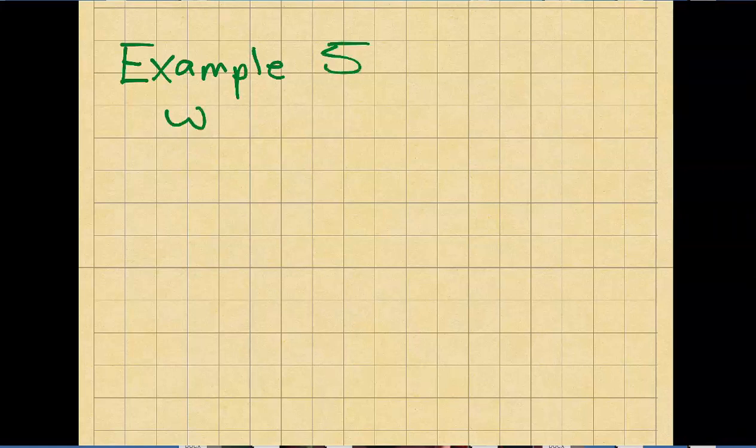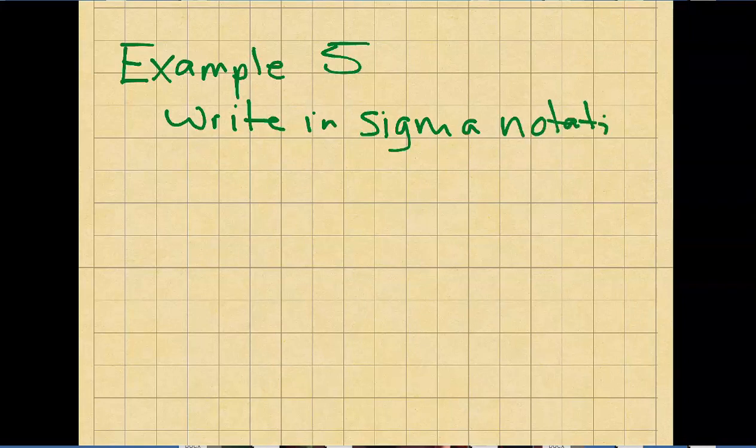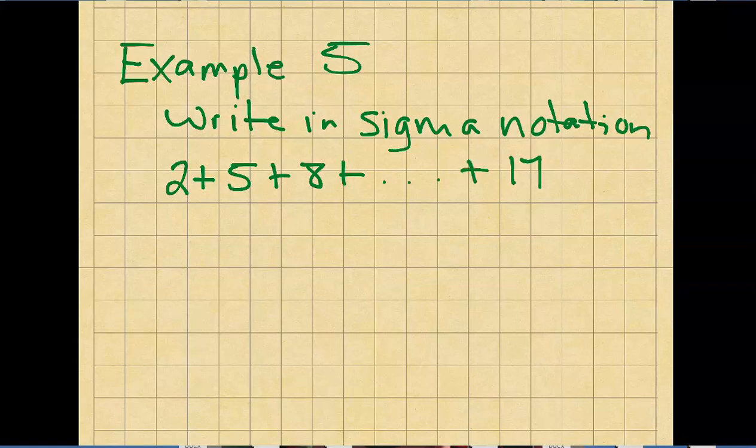And it's going to be write in sigma notation the following: 2 plus 5 plus 8 all the way up to 17. So I'm going to give you a second, kind of figure out what's going on here, and see if you can do this on your own. Pause the video.